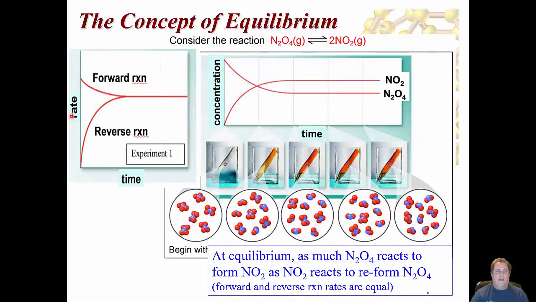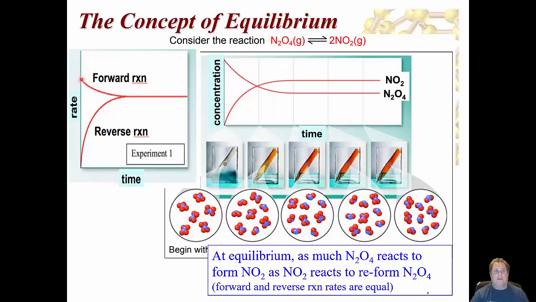Here we see the rate over time. This forward reaction, because we only started with N2O4, is going to slow down. The reverse reaction starts at 0 because there is no NO2. If we think back from our last reaction rates section of chapter 18, the higher the concentration, the faster the rate.